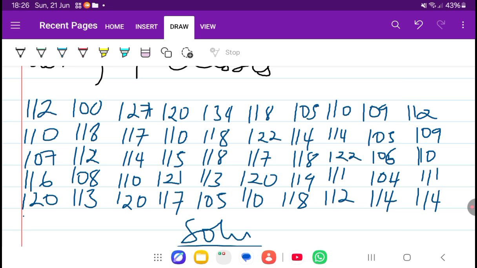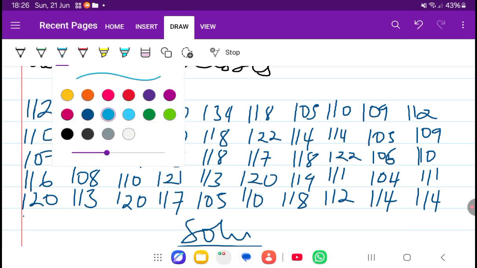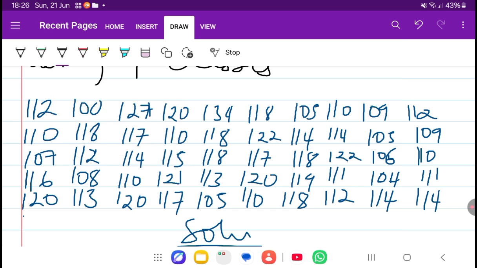This is our information, so we are going to cancel. Let me use black. So 100 to 104, you are moving downwards. In this first column, we don't have one. This is 100. Remember, we are stopping at 104.